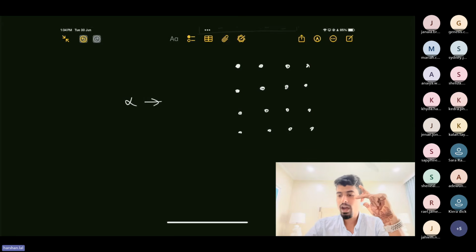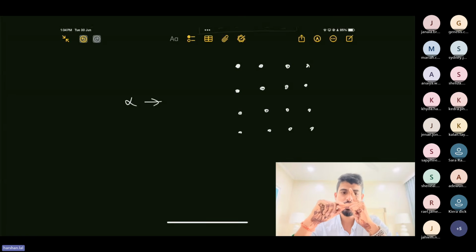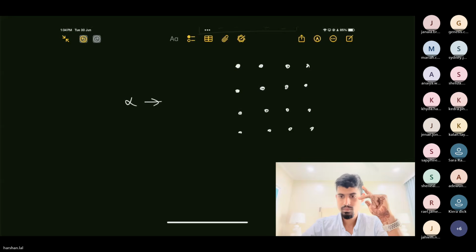So for an alpha particle, is the direction of the current in the same direction of motion of the alpha particle or in the opposite direction? So basically, how do I have to orient my middle finger?